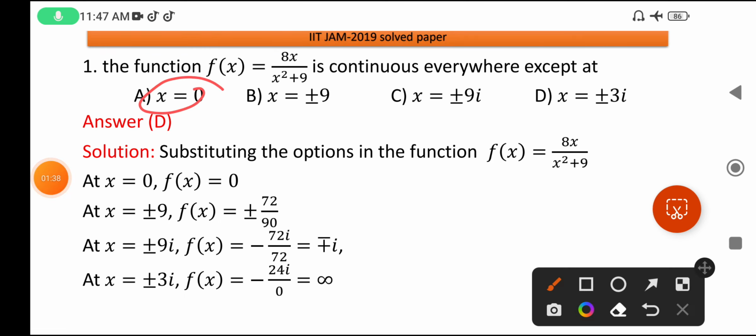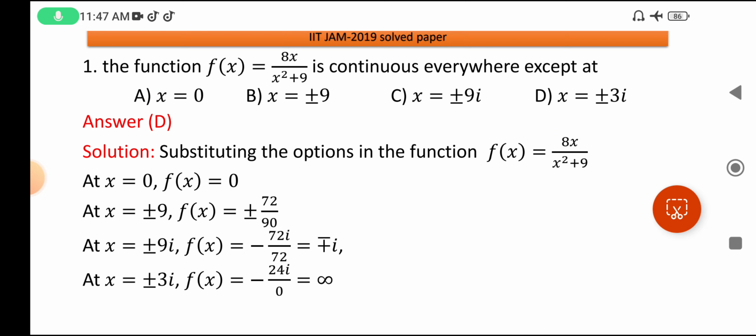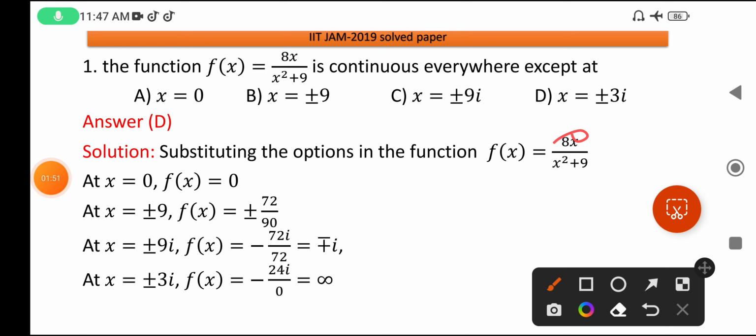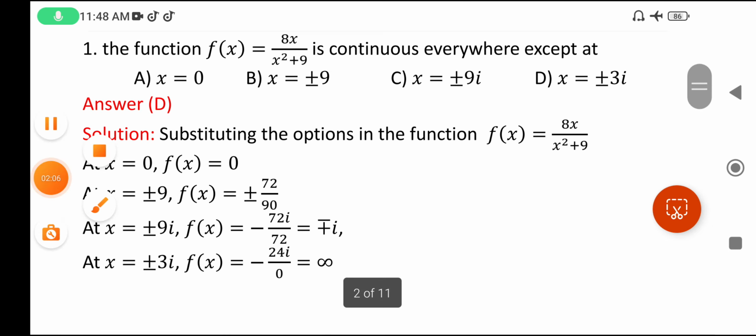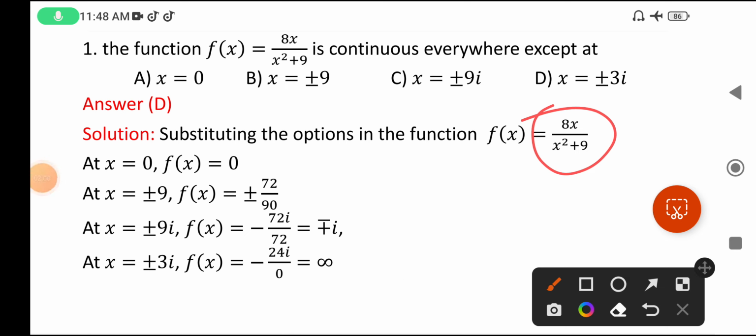First substitute x = 0 in this function, then f(x) is also 0, right? 0 divided by 0² + 9 becomes 0 only. So when you substitute x = 0, the function becomes 0.